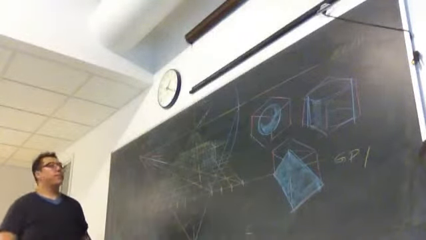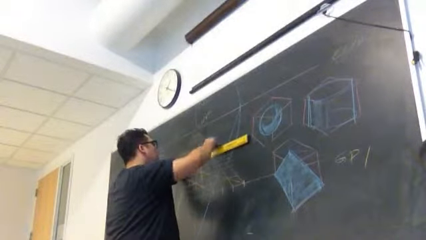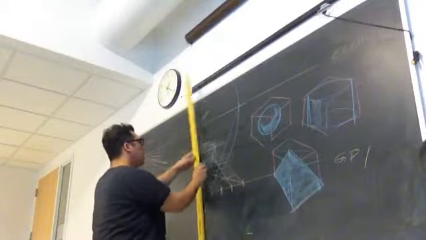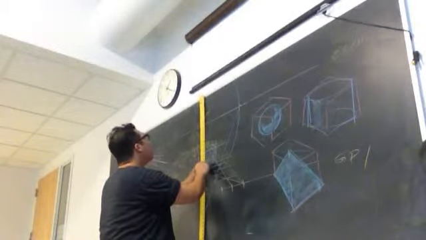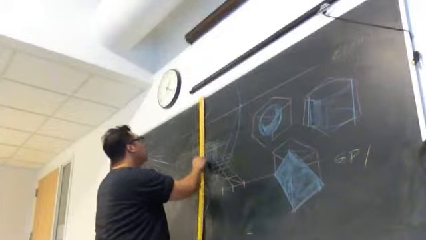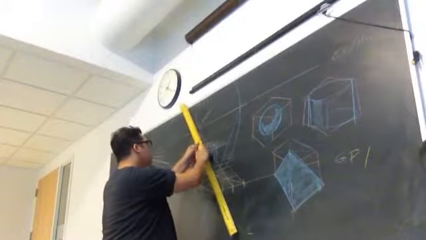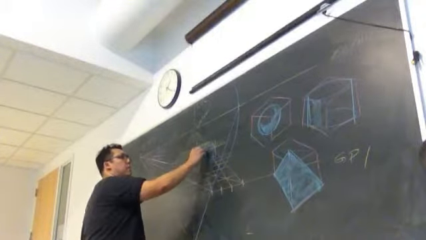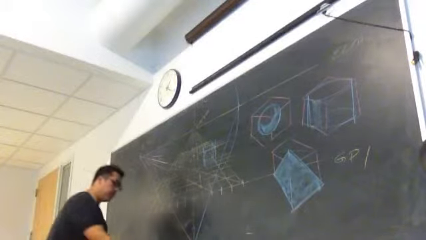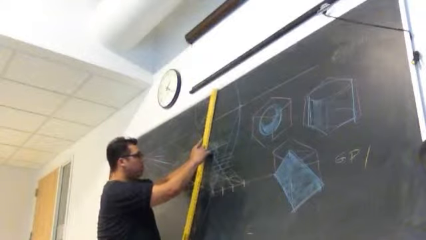Okay? Now I can just finish drawing it. Right? So 2x2. Let's go from this corner to this corner and carry it all the way through.